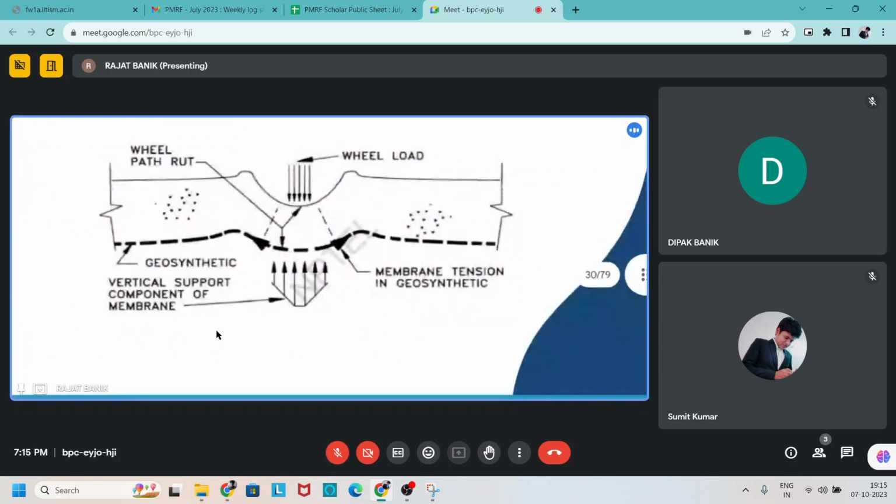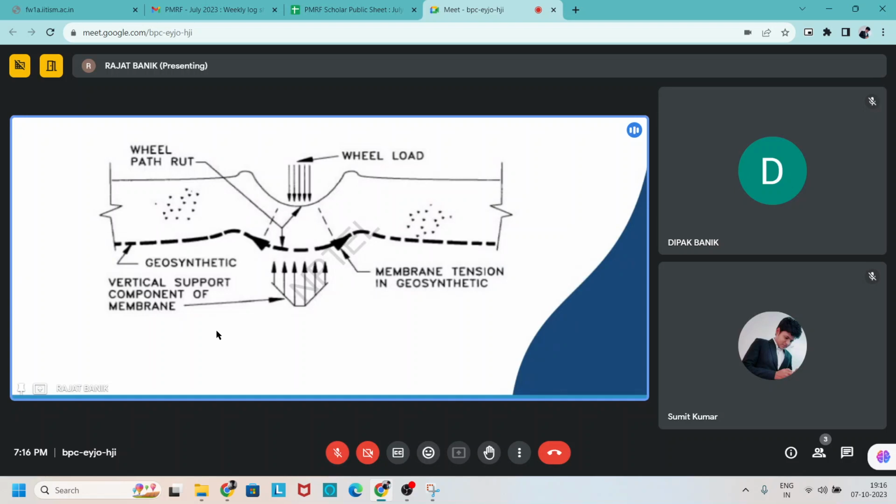And you see that one schematic diagram is also shown here: due to the wheel load, there is a depression after the load, and due to the geosynthetic material, the reaction and resistance is below, and equilibrium is maintained after that.